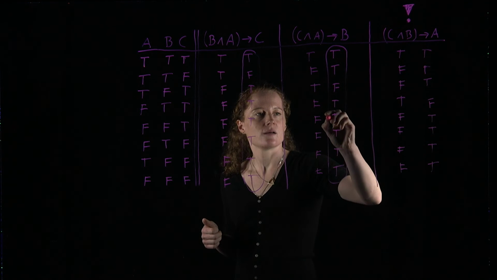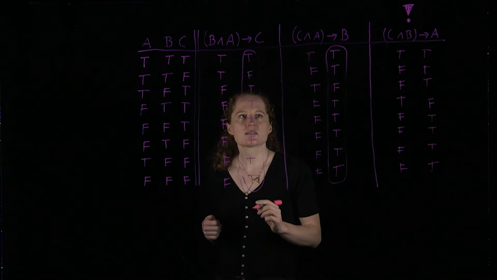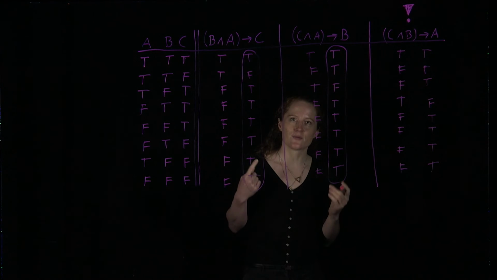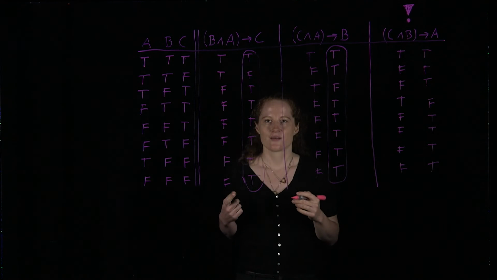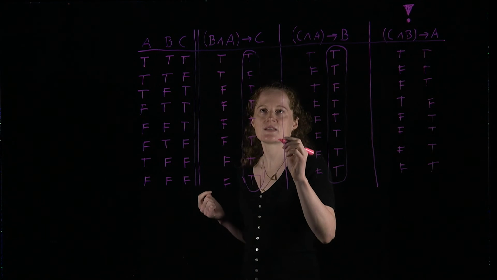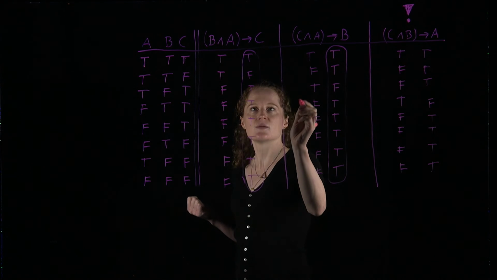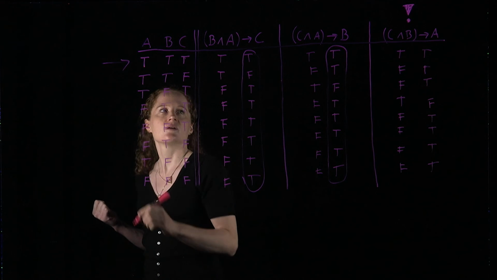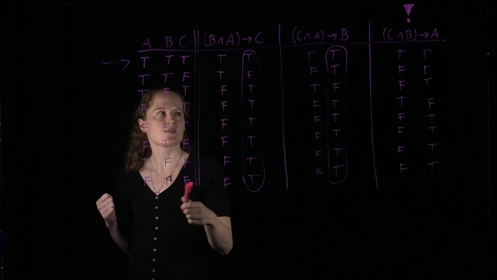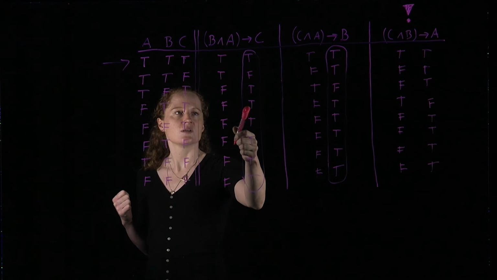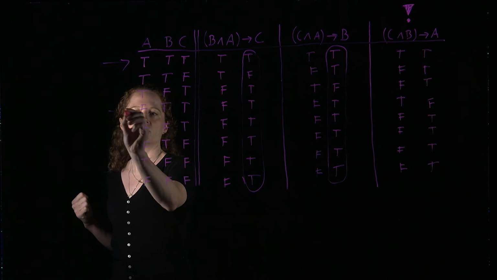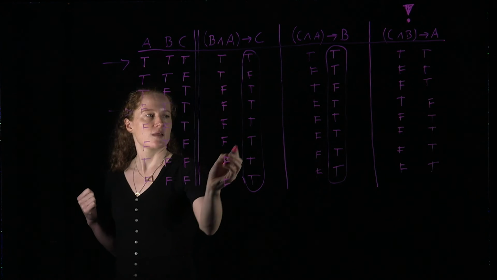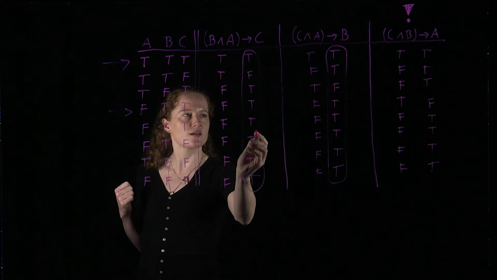Now, are there rows in which these two columns both exhibit the truth value true? I would say yes. That is, in the first row, both the first premise and the second premise are true. In the fourth row, both are true. And then actually all the way down, right?